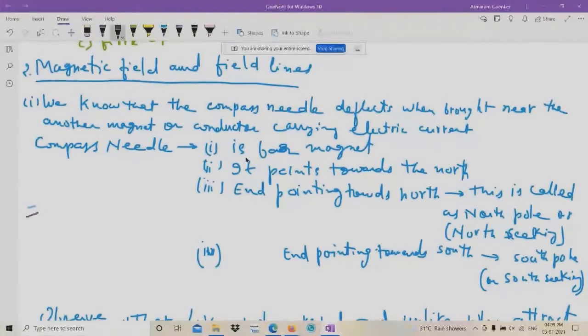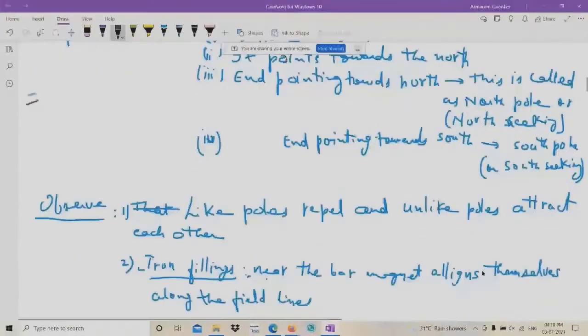A compass needle is a bar magnet. It always points towards the north. The end pointing towards the north is called the north pole, or north seeking. The other end pointing towards the south is called the south pole, or south seeking.